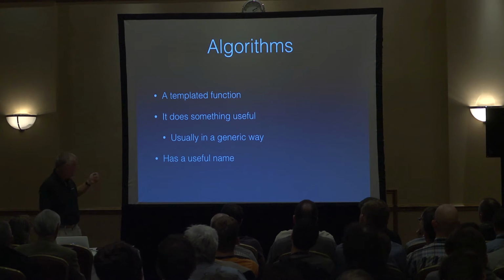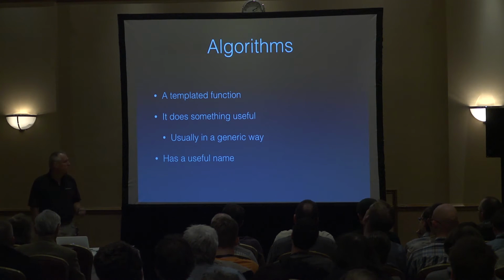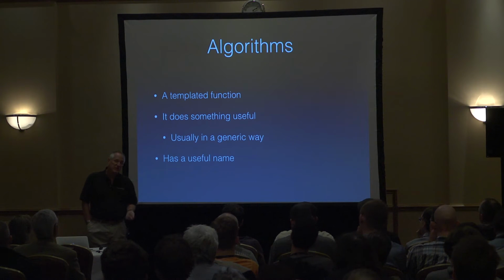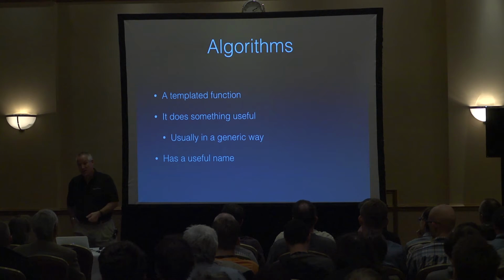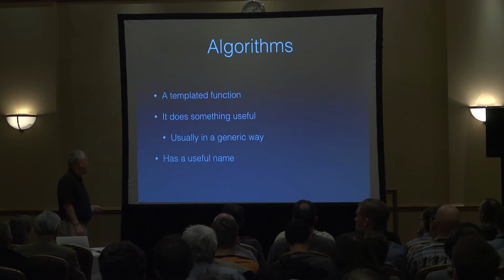It's not vital, but it sure helps to have a useful name. The C++ standard library is a collection of algorithms that have very generic names. Things like copy and find and sort and so on.